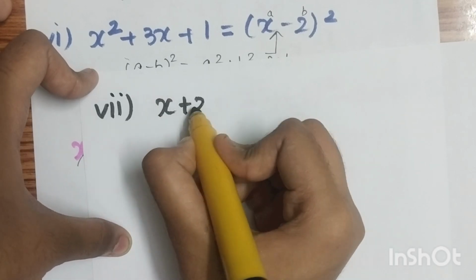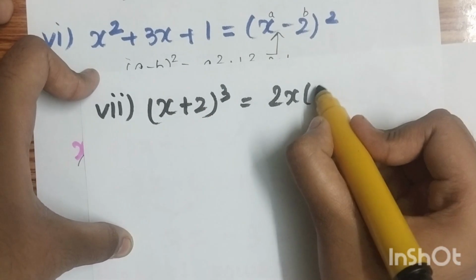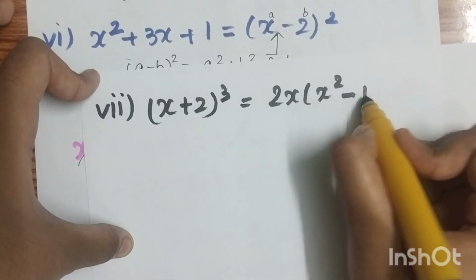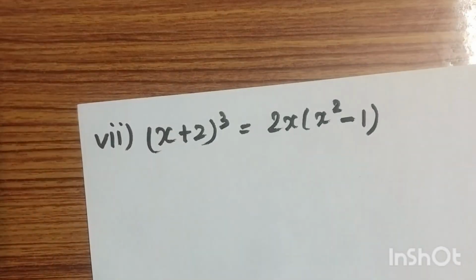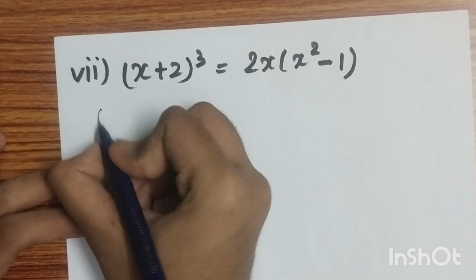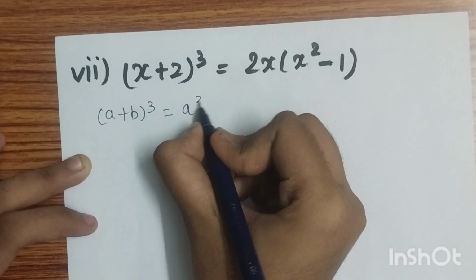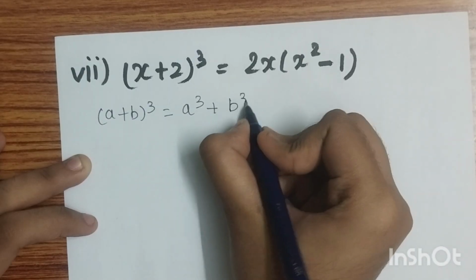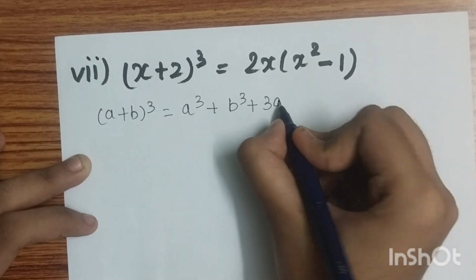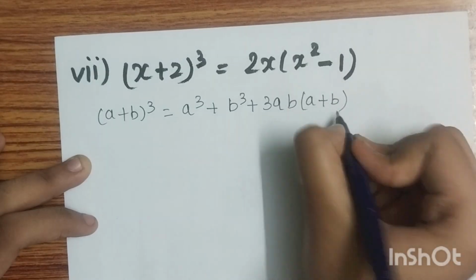(x plus 2) the whole cube is equal to 2x into (x square minus 1). Okay, so here we will use one formula, which is (a plus b) the whole cube is equal to a cube plus b cube plus 3ab into (a plus b).